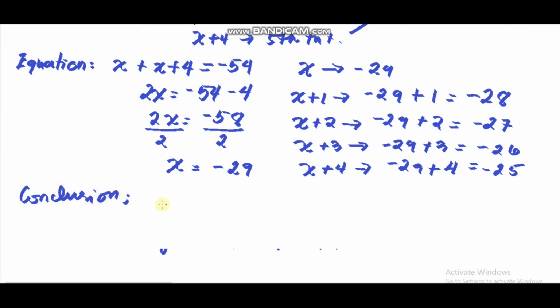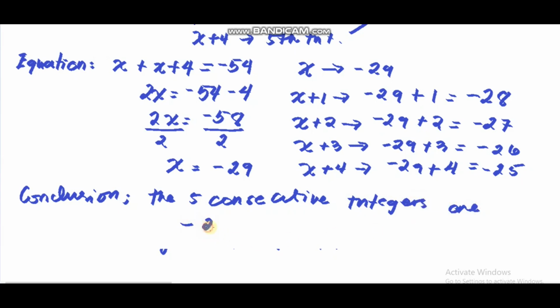There is an answer. So the 5 consecutive integers are negative 29, negative 28, negative 27, negative 26, and negative 25.